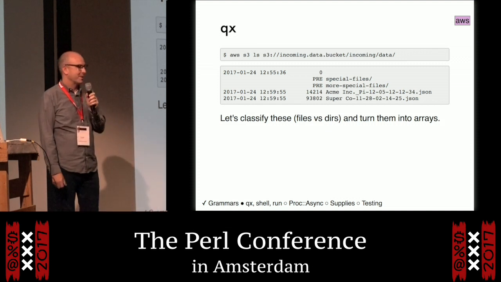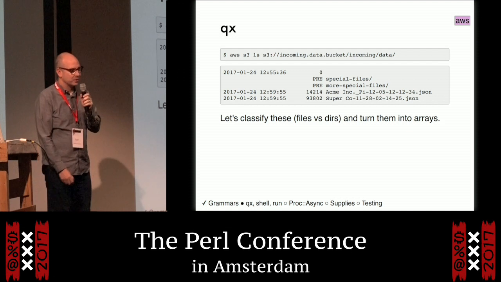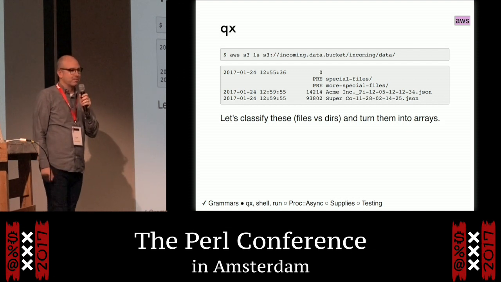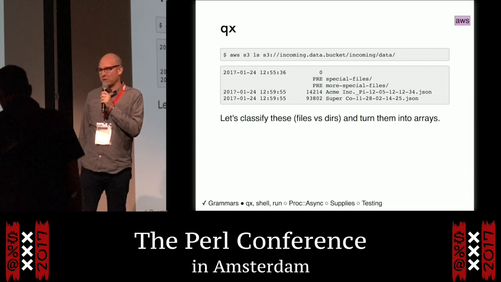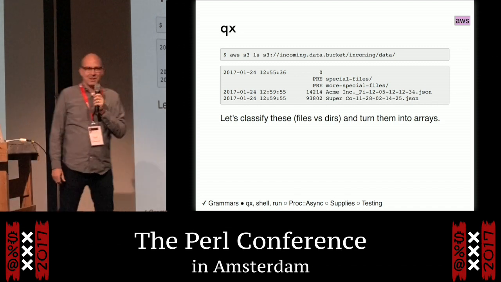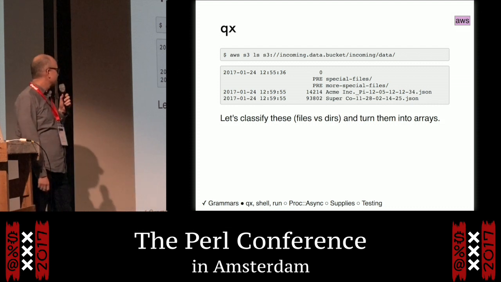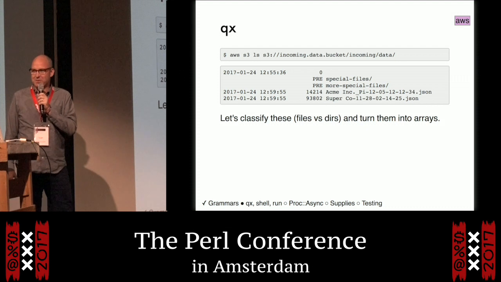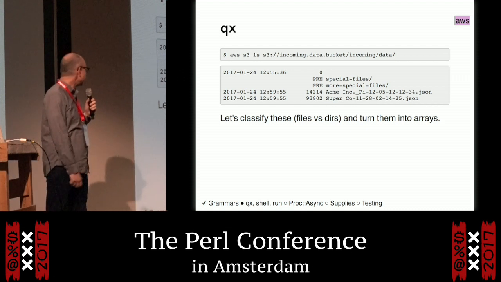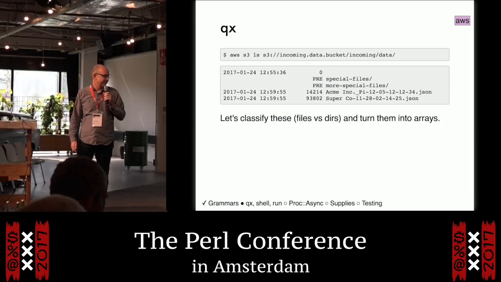And you know, some of the file names in AWS may have spaces in them. So let's see how we might take this list and just sort of easily turn it into two arrays, one with directories and one with files, taking into account the spaces and all the extra weirdness that comes back from this command. So what we want to do here is we want to classify these.